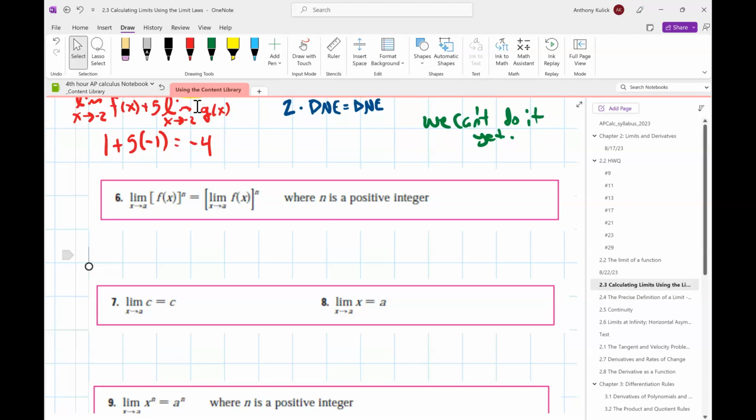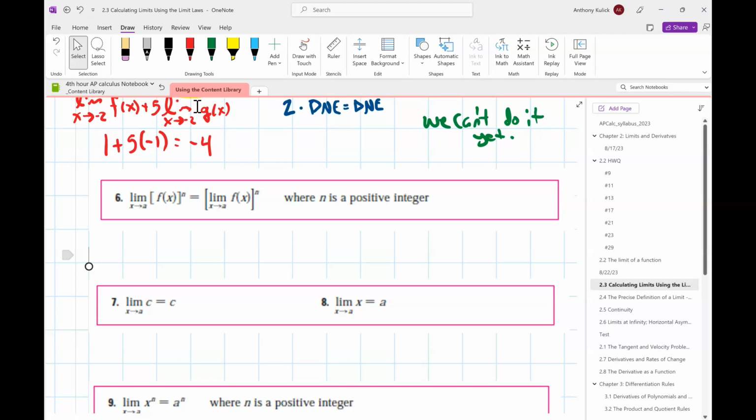So the next property says, if I have a function raised to some power and I want to take the limit of that, I can just take the limit of the function and then raise that answer to the power. So I can do the limit before the exponent, which is nice, right? Because putting something to a power really makes a function a lot more complicated.